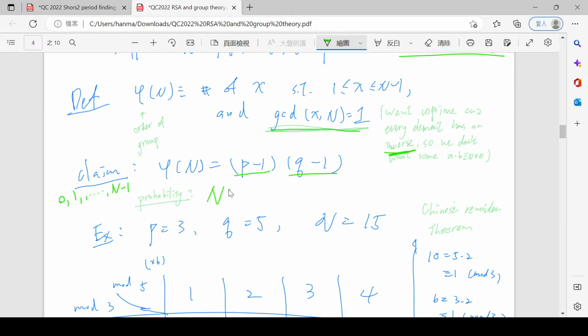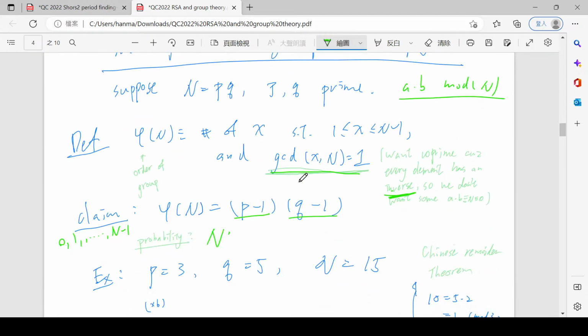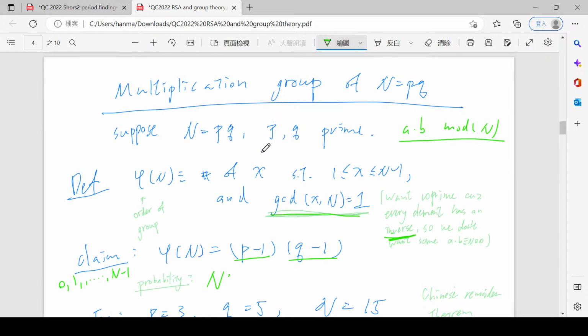Obviously you start with n elements. If you want to be coprime to p, you do a division by p and count the remainder, and the possibilities are 0, 1, 2 to p minus 1. If everything is distributed uniformly, the probability you are coprime to p is p minus 1 over p, because you have p possible results, and one of them means you have a factor of p.